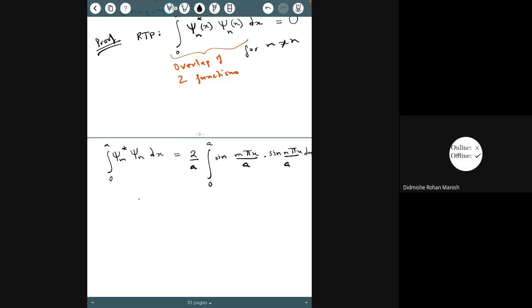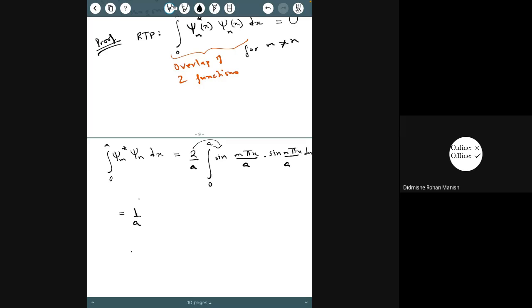Remember, if I take the 2 inside, then 2 sin A sin B can be written as cos(A minus B) minus cos(A plus B). So we'll use that trigonometry.